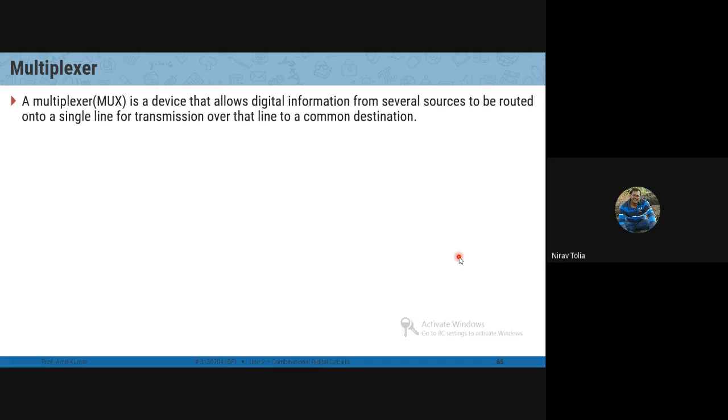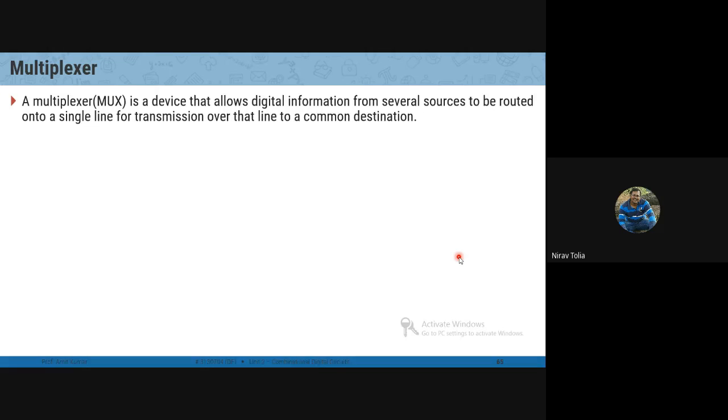Multiplexer and demultiplexer are covered in the lab session, but we also cover them in the theory session. So what is multiplexing? Actually, multiplexing means sharing. Multiplexer means sharing.